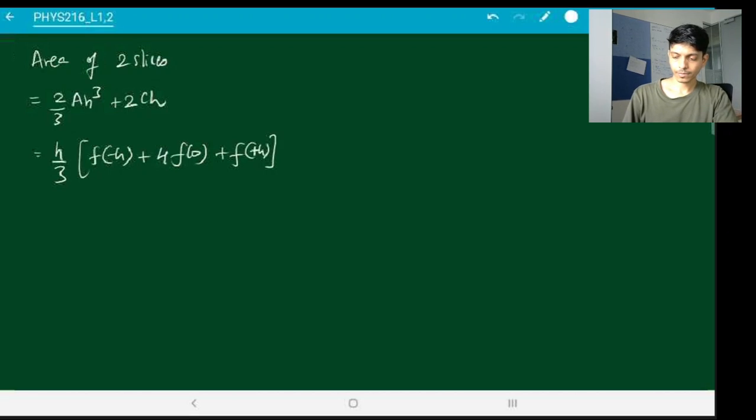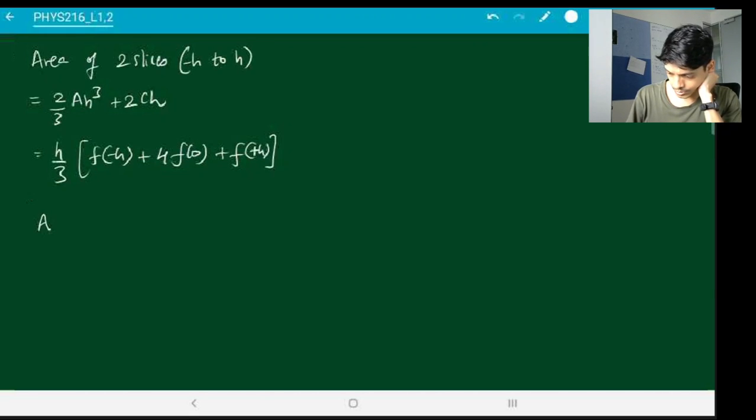Of course here we had taken that these slices are sitting at 0. That doesn't have to be the case. In general it can be at any xi. So this is the area of two slices from minus h to h.